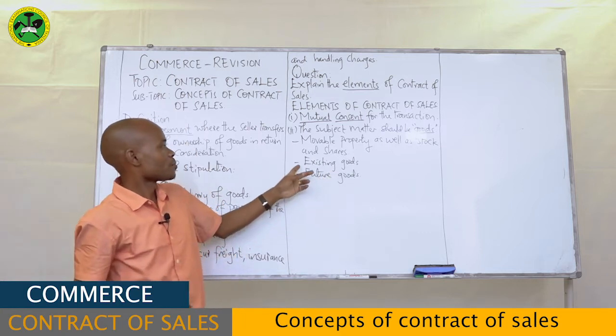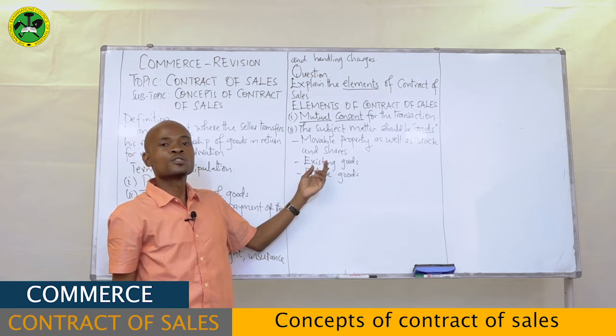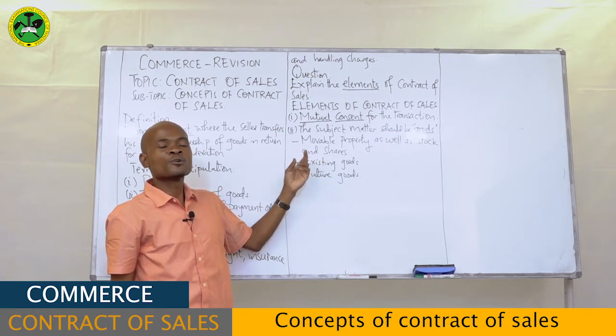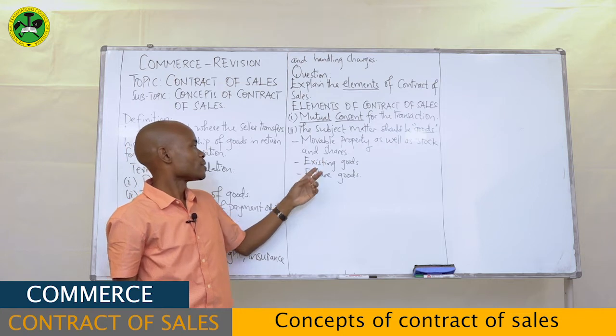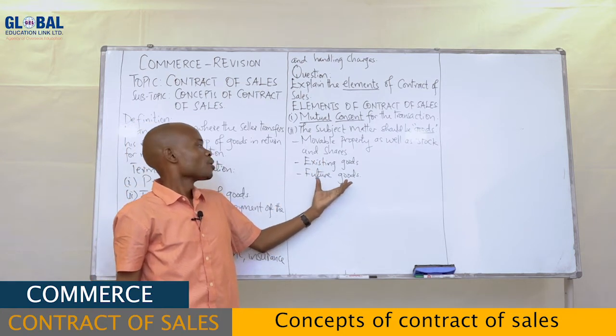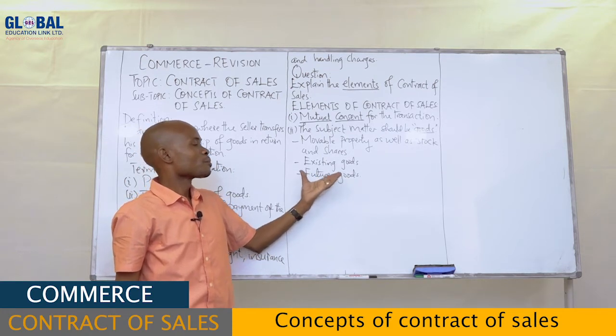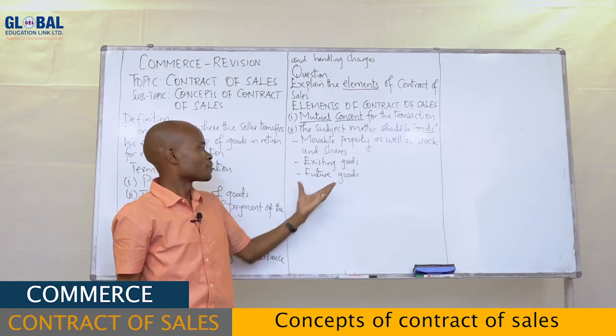When we speak about existing goods, we refer to those goods which are under the possession of the seller. And when we speak about future goods, we refer to those goods which will be produced or manufactured.